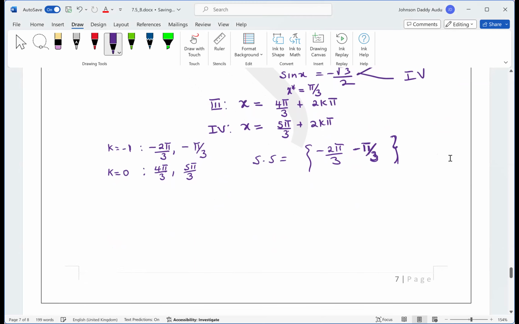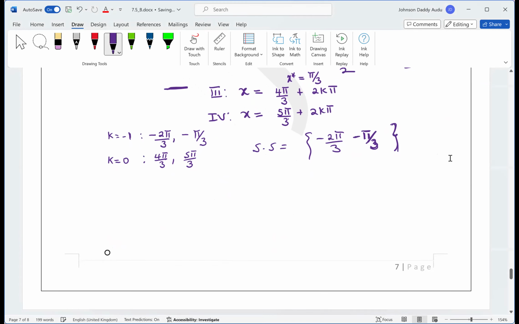So what we can do is take what we have. This is our solution, right? So remember, we need from minus pi to pi, so it means our x has to be between minus pi less than or equal to x less than pi. So we have to try for the two.